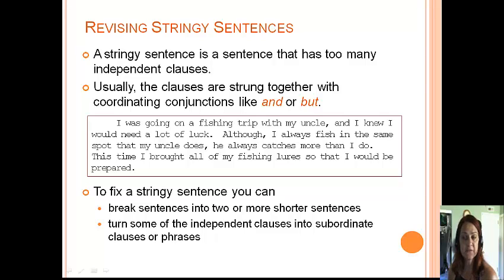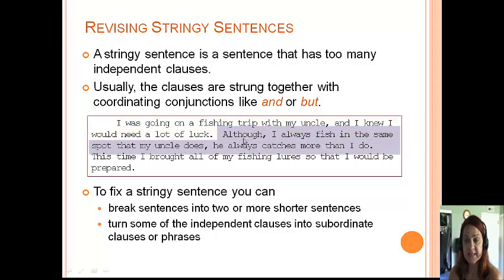I was going on a fishing trip with my uncle, and I knew I'd need a lot of luck. Although I always fish in the same spot that my uncle does, he always catches more than I do. This time I brought all my fishing lures so that I would be prepared. So notice we have broken that one sentence into 3 sentences here. In the first one, we've changed this first sentence here into a compound sentence with the conjunction and.